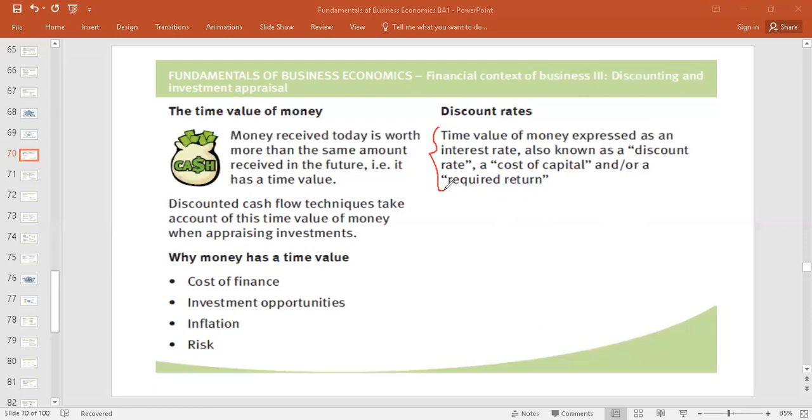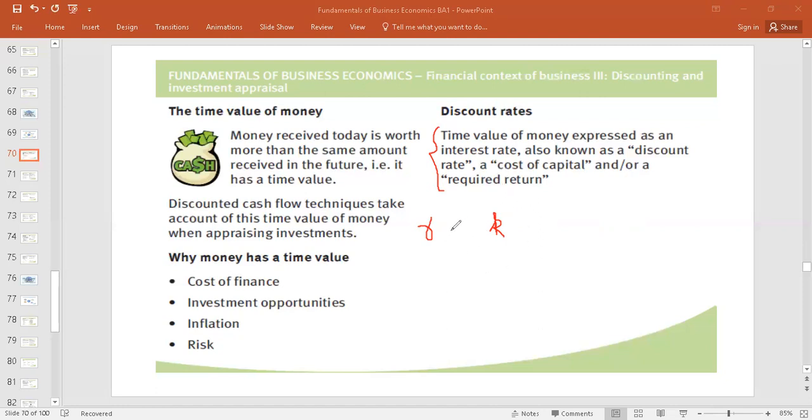So WACC, or a required return. The minimum return what the investors expect from the investments, we can term it to be R. The cost that is paid on the cost of capital is denoted as K. At least to pay the cost of capital, there should be a minimum return which has to be earned.